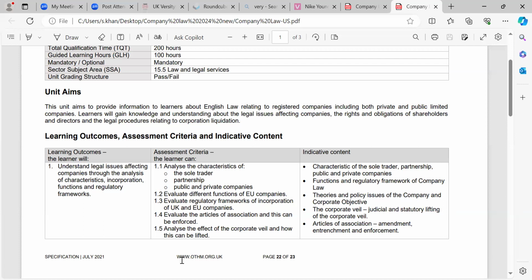We then went on in learning outcome 1 to look at public and private companies and looked at their ownership, the number of shareholders for a public company. We went on to look at public companies first. We looked at how public companies are subject to disclosure requirements. We also looked at how they are subject to regulatory oversight by bodies such as the Securities and Exchange Commission, SEC, and the Financial Conduct Authority within the UK, which is the FCA.